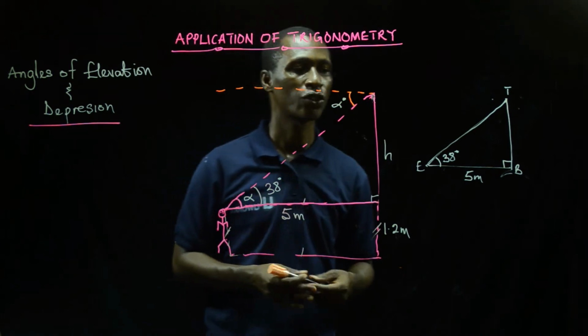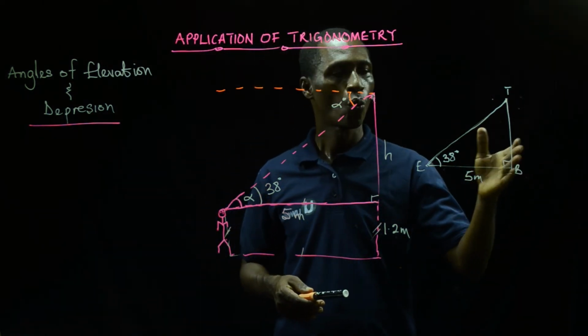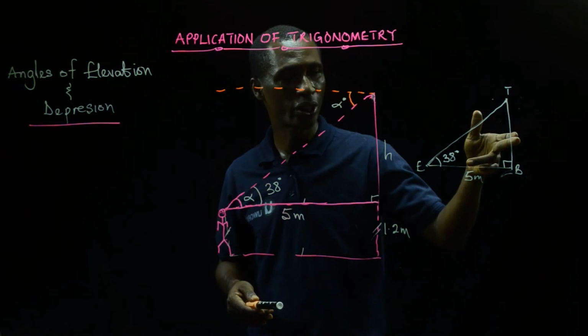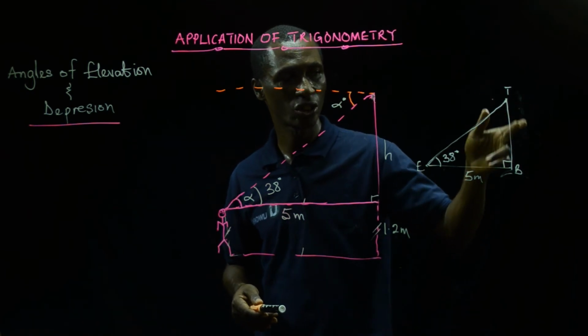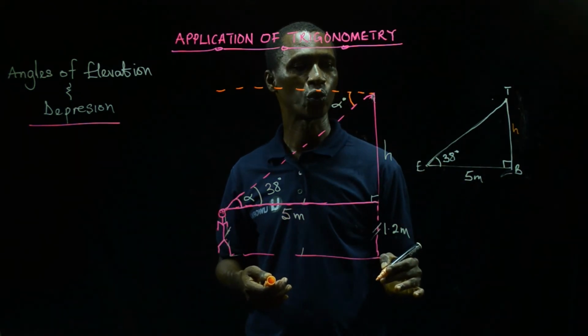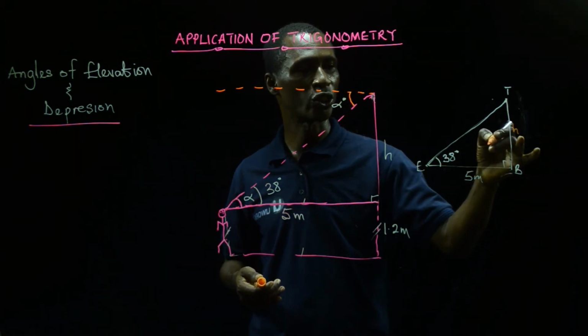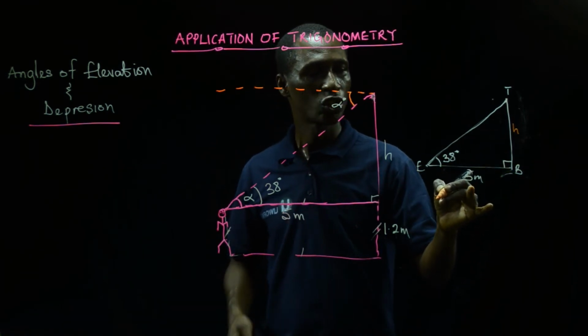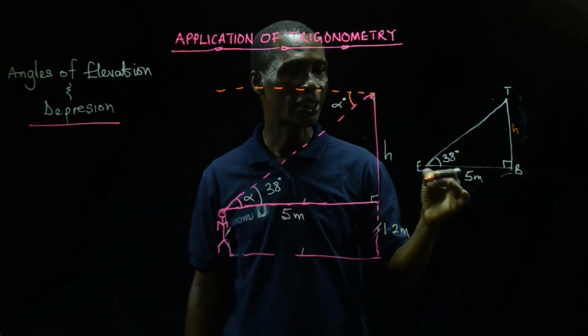Now going back to be able to get our H. Where have we been given? And where are we looking for? We are looking for H, which we have here. We need to know the ratio which conforms with what? The position here is opposite, this place is adjacent. So we say opposite over adjacent is tan.